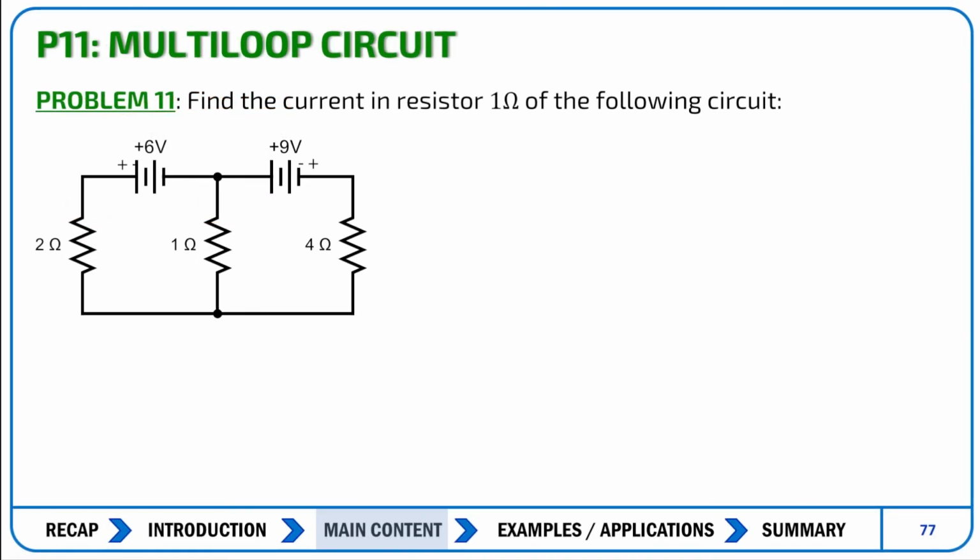Let's take a look at a multi-loop circuit. We're trying to find the current in the resistor 1 ohm of the following circuit. So there's multiple loops happening. It means we're most likely going to have to use Kirchhoff's law. Let's just label this first.